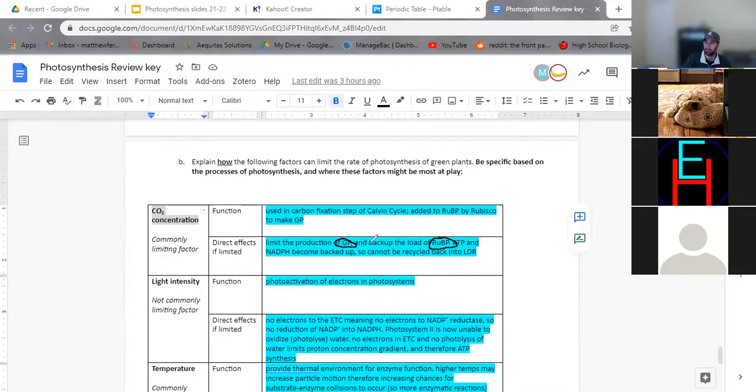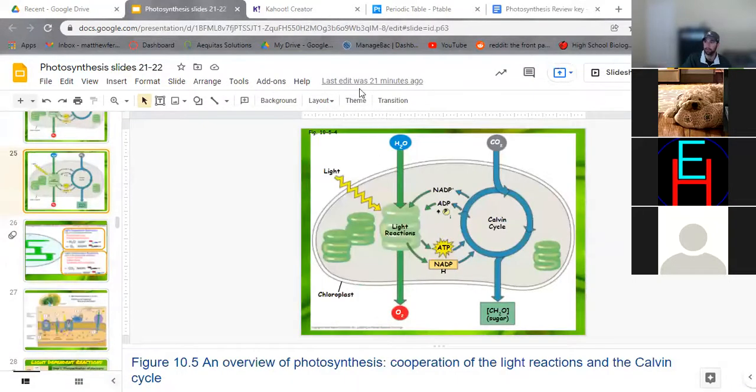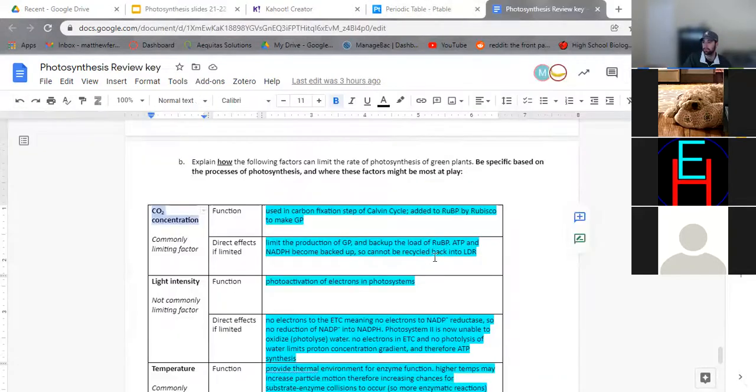And because we're not producing all the GP that we can, if we're producing ATP and NADPH in the light dependent reactions, like we see here, NADPH would have nothing to reduce. ATP wouldn't have a lot of things to energize, and so those would back up. And ultimately, then we wouldn't have NADP plus to enter the light dependent reactions. We wouldn't have ADP to enter the light dependent reactions.